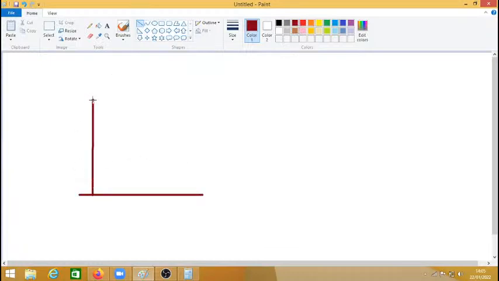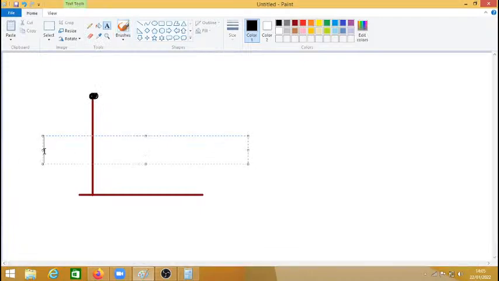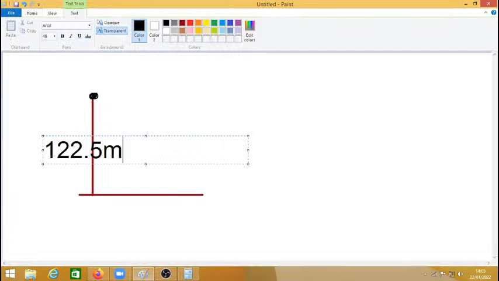So let's draw that up here. This is where the particle is being projected off. We've got a distance here of 122.5 meters.